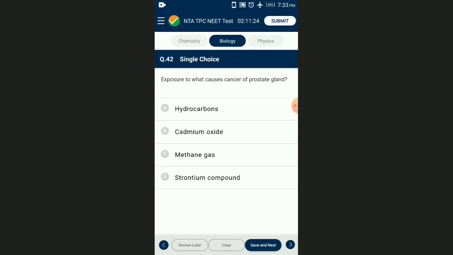It is a malignant cancer which may spread to other areas of the body, particularly the bones and lymph nodes. So the answer for this question is option B, cadmium oxide. Due to the exposure of cadmium oxide, prostate cancer takes place.